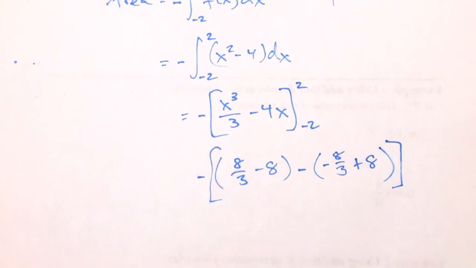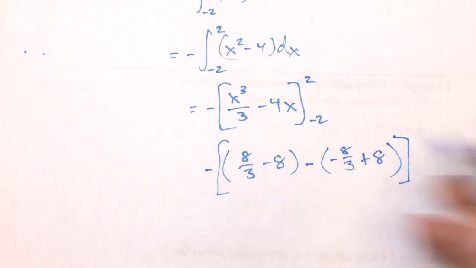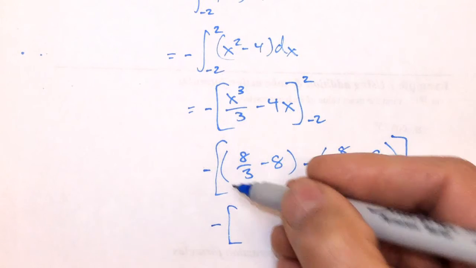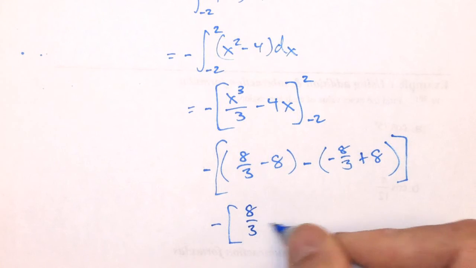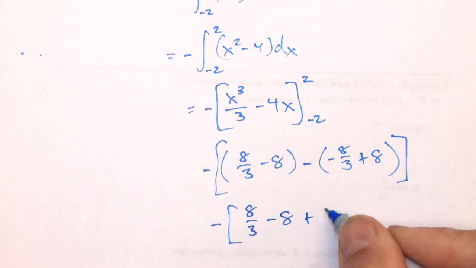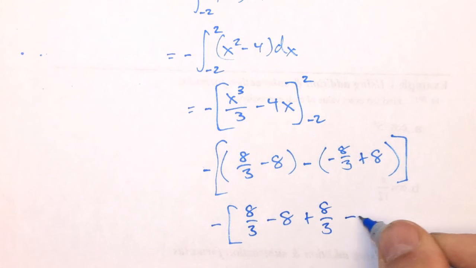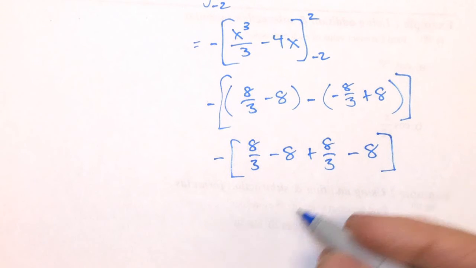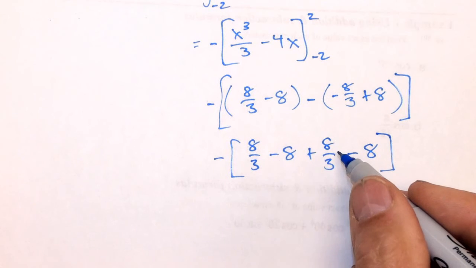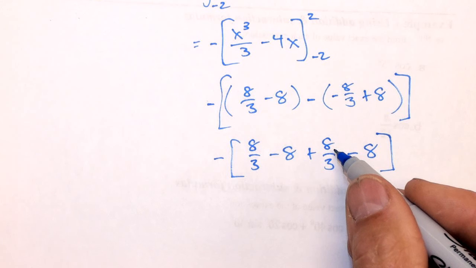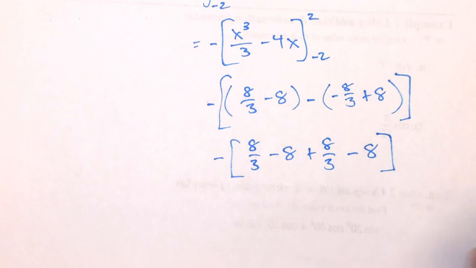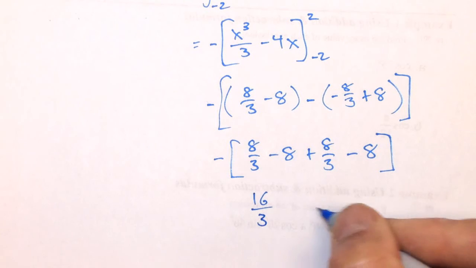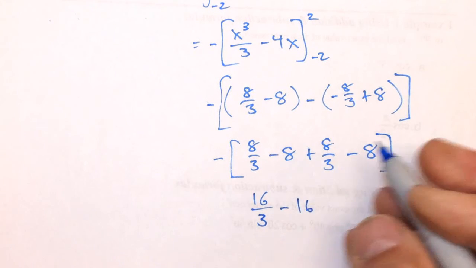Being careful with those negatives, and we get negative, that's the outside negative, we have 8/3 minus 8 plus 8/3 minus 8. 8/3 plus 8/3 is 16/3. Minus 16.